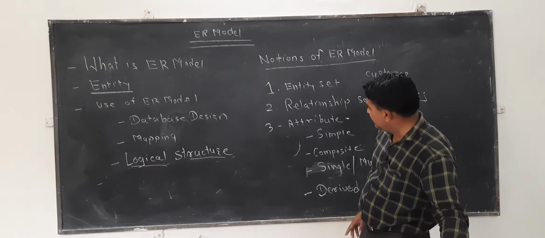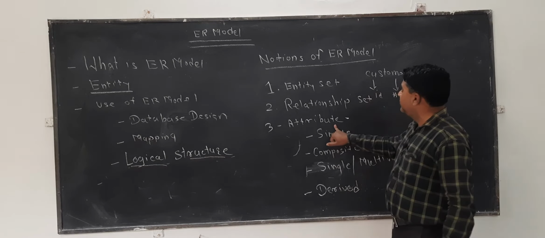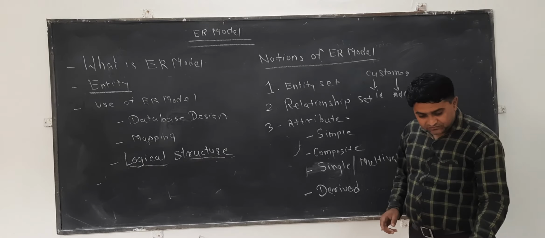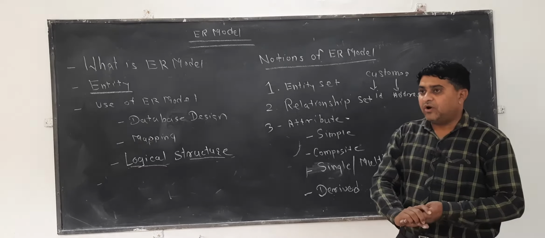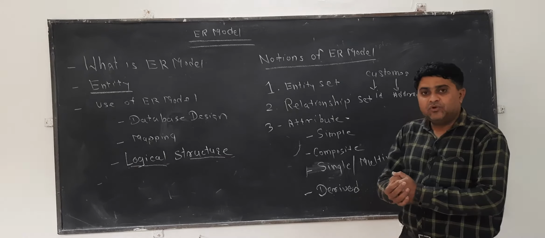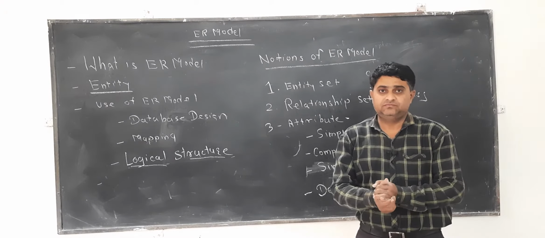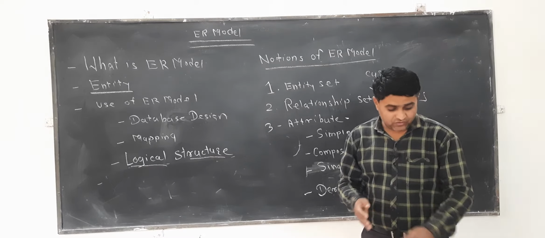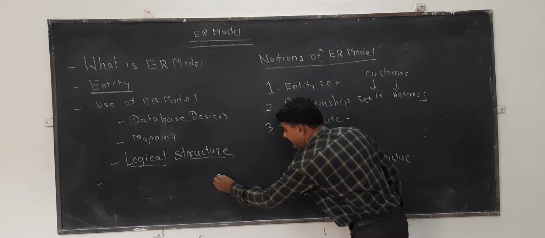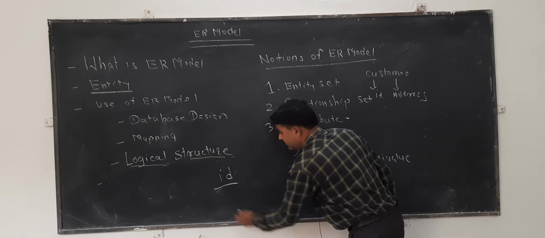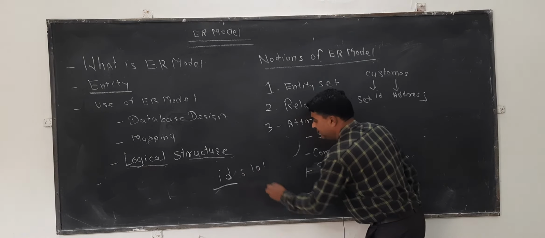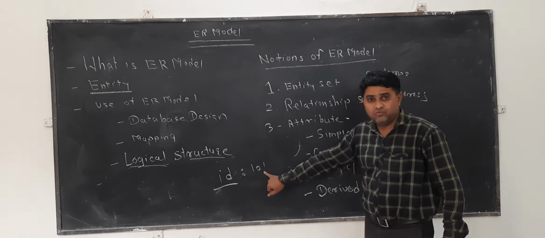Next one, third one, is the attribute notion of the ER model. Attribute means, for example, one attribute is an ID, that is called an attribute. Then an attribute has a value. For example, here ID is your attribute, and the ID number, 101, is your value.